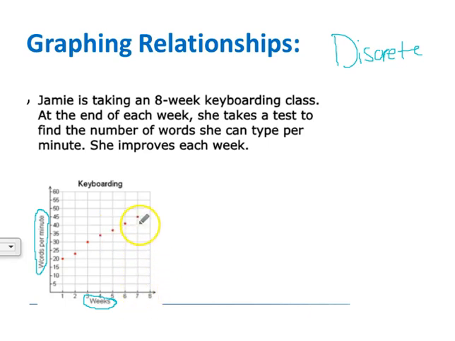And in week 7, she's up to 45 words per minute. So this is a discrete relationship where it's not continuous. Each point represents a certain amount. And anytime you see points graphed, you know that you've got a discrete relationship. You've graphed discrete data, and you'll see some examples of that this week.